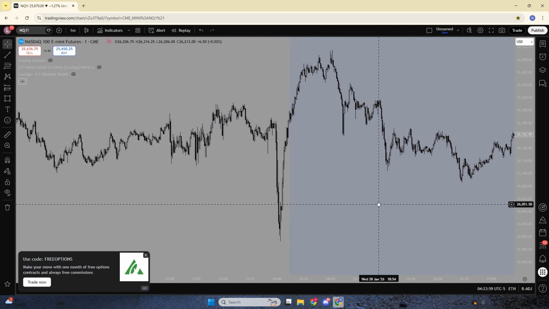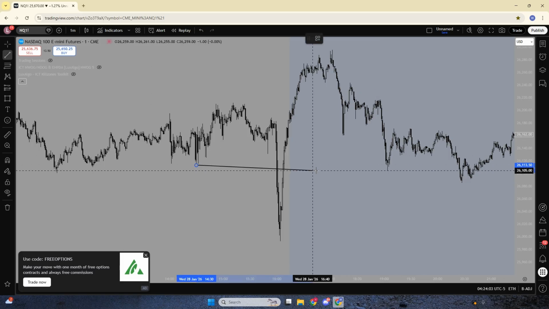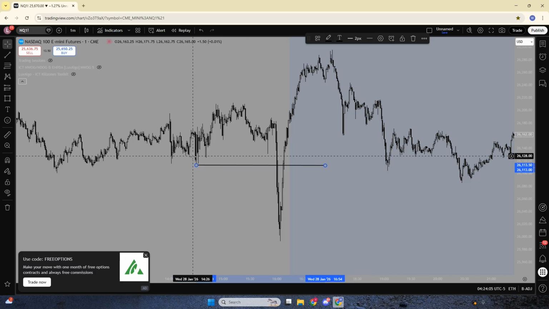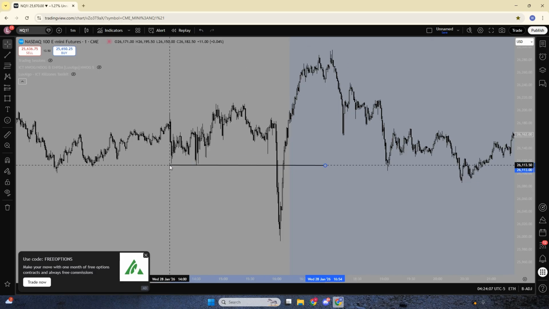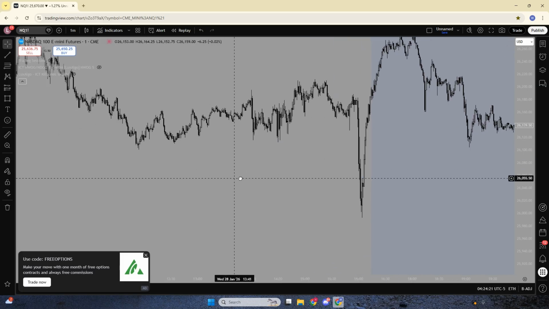Oh, here's even a better liquidity sweep. Like, how obvious can it be, dude? Boom. We got relative equal lows. Well, actually, no, those aren't even relative equal lows. Cause, all right, we got a swing low, a liquidity sweep, a V-shaped recovery, and then, boom, rips up.